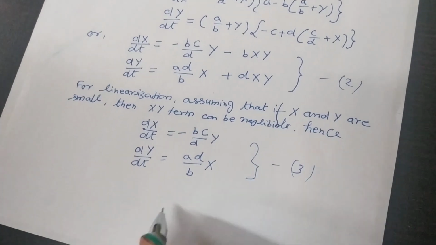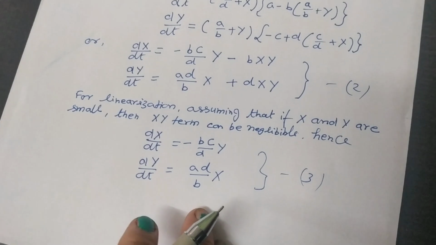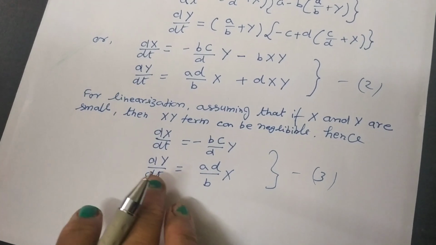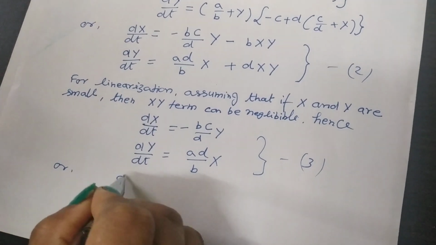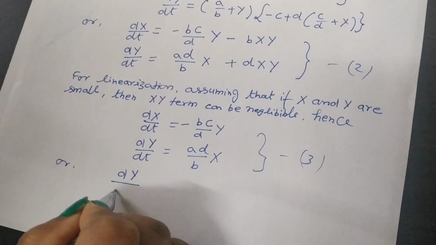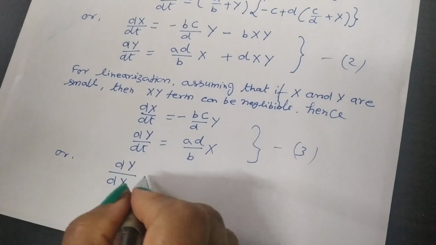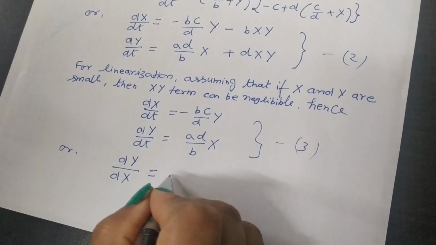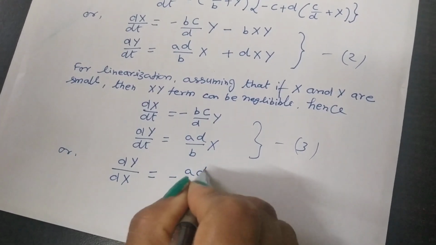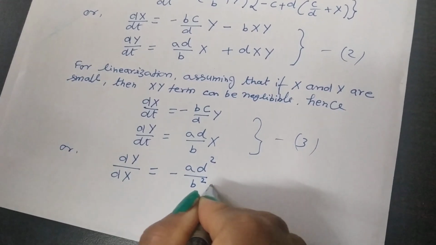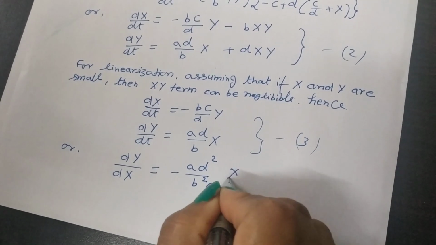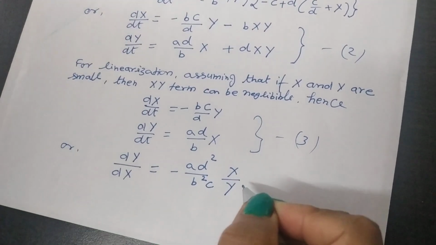Now from equation number 3, dividing these two equations we get dy by dx equal to minus a d square by b square c, x by y.